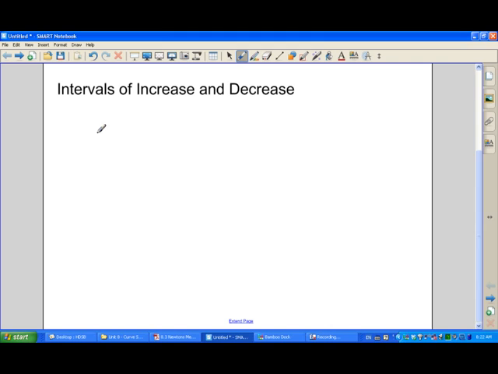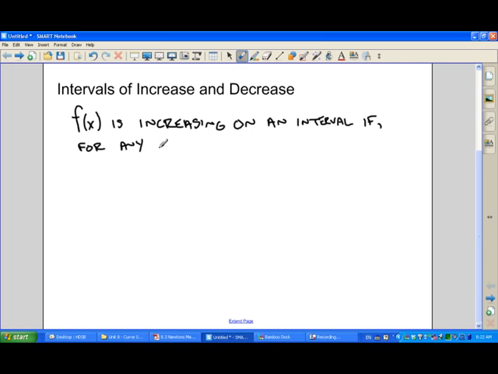So I could have some function f of x, and f of x is increasing on some interval if, for any values on that interval where I can pick an x value and a second x value where the first one that I pick is less than the second one, the function evaluated at x1 is less than the function evaluated at x2.